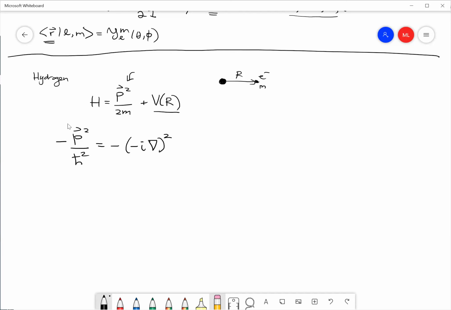The h bars cancel here, so p squared over h bar squared with a minus sign is just the Laplacian. It's the gradient dotted into itself. It's the Laplacian operator. That's how the momentum acts on spatial wave functions.